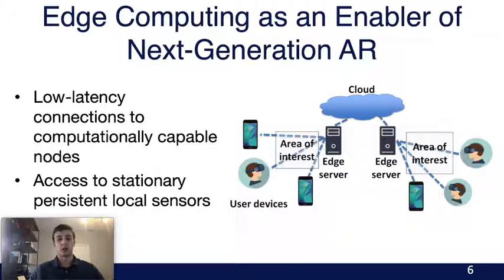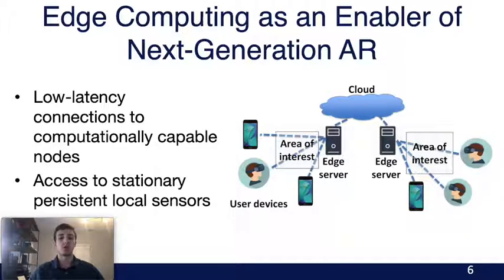So, as I just talked about, current AR is already very impressive but still limited. There are issues with battery life, computational power, and space, and the potential solution is offloading some of the work to the server. This doesn't really work with cloud servers because the large physical separation will lead to long latencies and long delays for the user, to the point where there is no point offloading the work to the server anymore.